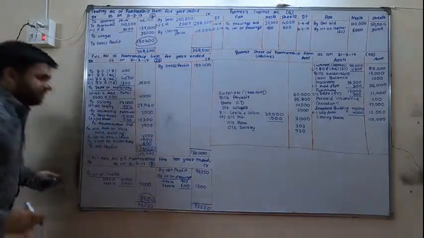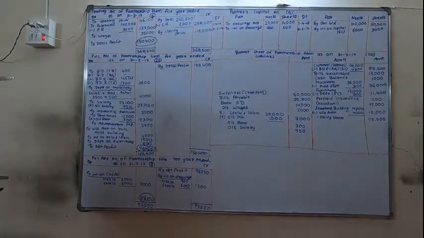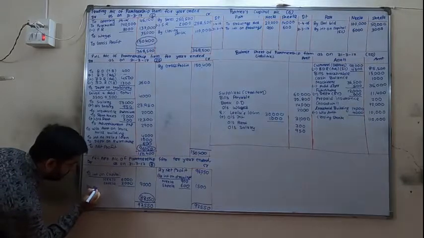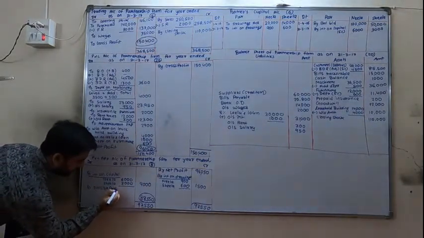How much? 88,550. Now to divisible profit.